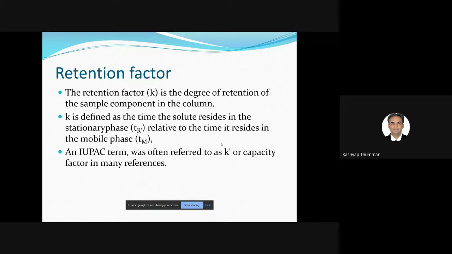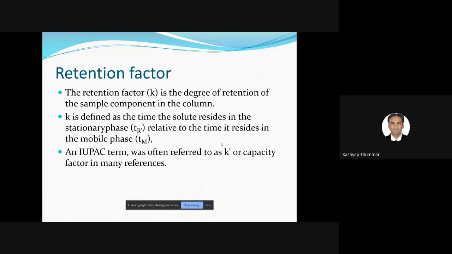So what is the retention factor? k is defined as the time the solute resides in the stationary phase relative to the time it resides in the mobile phase. So it is a ratio: the solute residing in the stationary phase divided by the solute residing in the mobile phase.